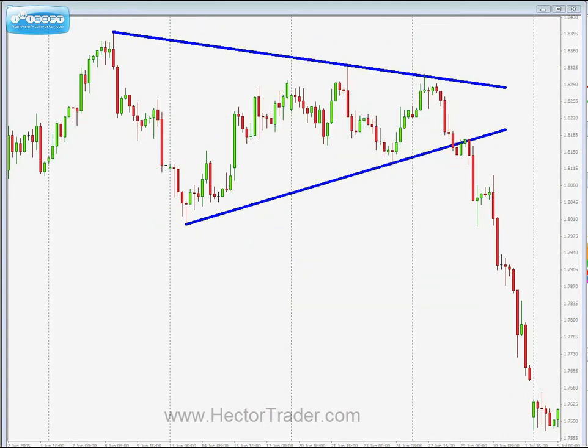Since we were coming from a downtrend, from a down move into the consolidation area, I would only look to try breakouts in the direction of the overall market sentiment, which in this case was clearly down. The way I personally try triangles is the conservative way.